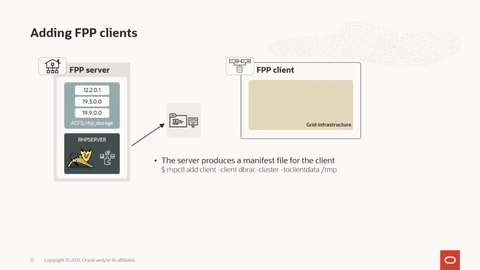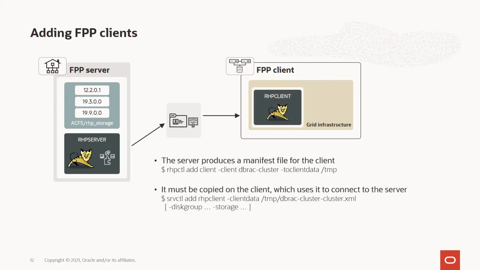Basically, with RHPCTL add client, we specify which client we want to add, and the RHP server produces an encrypted manifest file that contains the credentials that the FPP client will use to establish a secure connection and relationship with the RHP server. These credentials are encrypted and stored in secure key stores on the server and the client so that they can have a private communication.